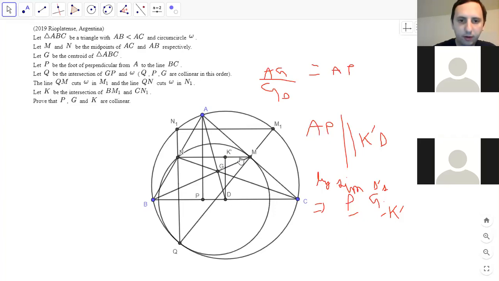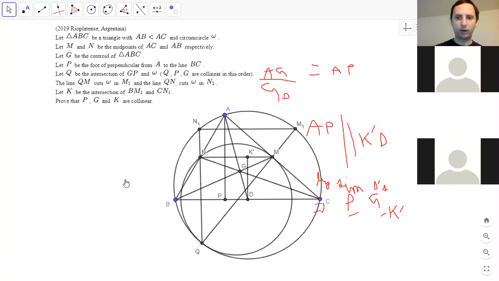No, basically we know they intersect. We know that the intersection point lies on the perpendicular bisector of BC, and it also lies on the perpendicular bisector of MN.